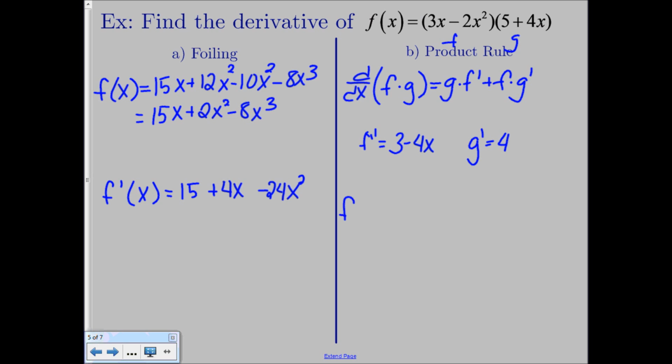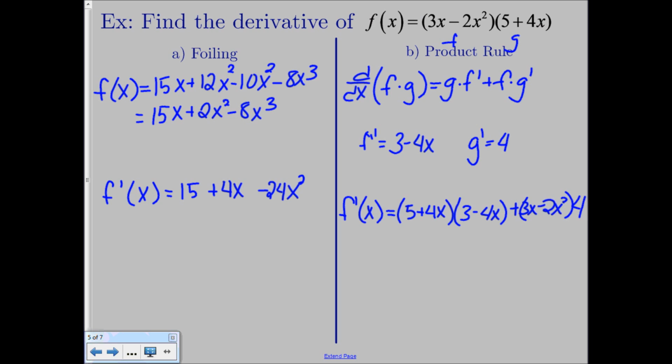So now we're going to plug into our formula and find f prime of x. So the first thing we do is g times f prime. So g was 5 plus 4x times f prime, which is 3 minus 4x, plus f, so 3x minus 2x squared times 4 for g prime.